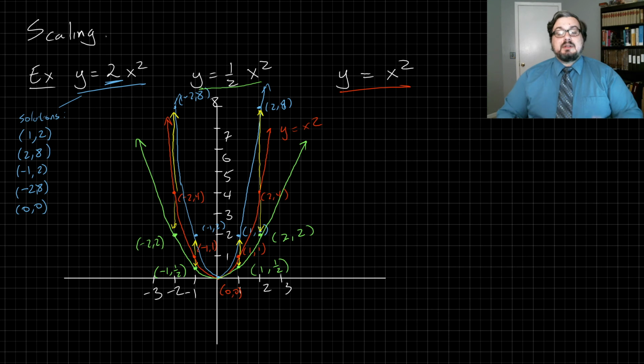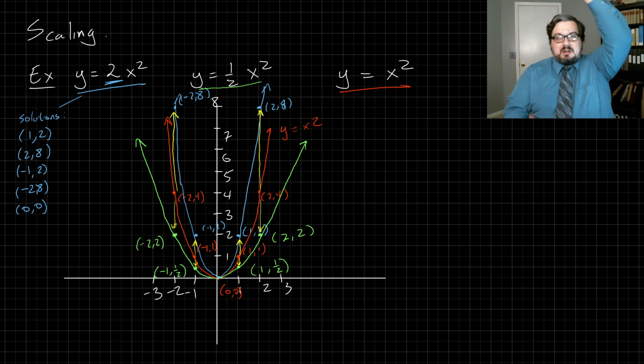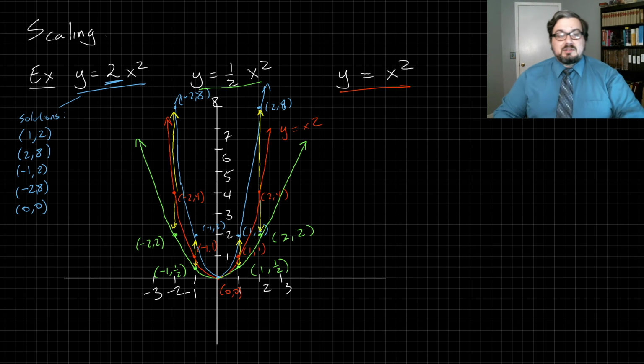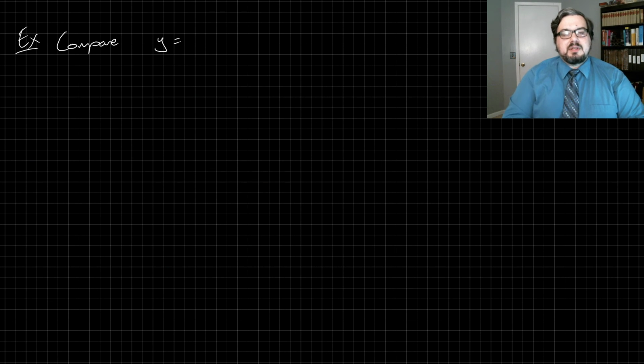So let's look at what happens with horizontal scaling. This was vertical scaling. We're stretching and squashing everything vertically. Let's look at horizontal scaling. Let's compare y equals the square root of x and y equals the square root of 2x.